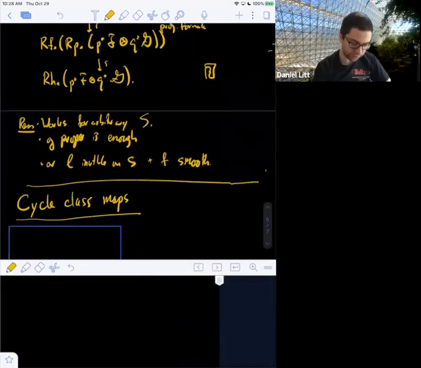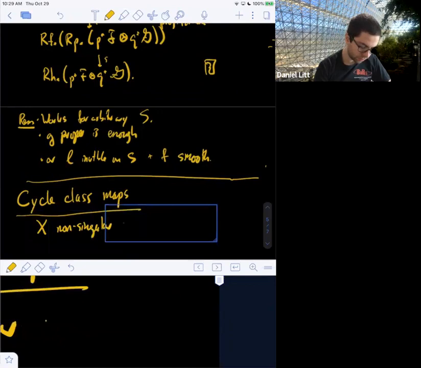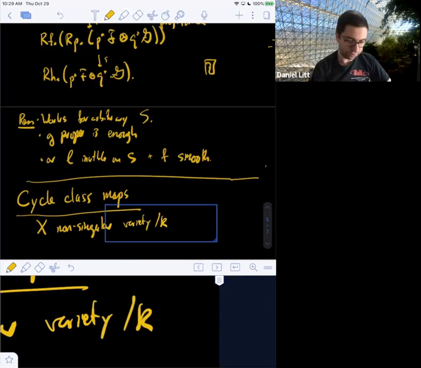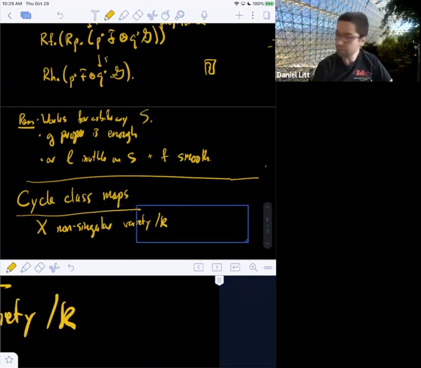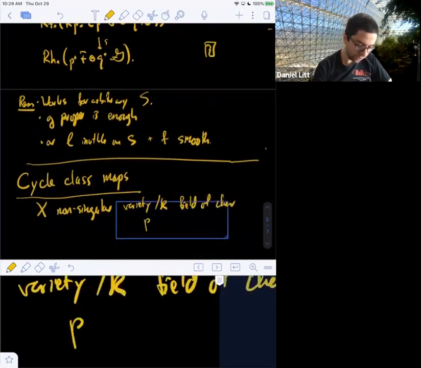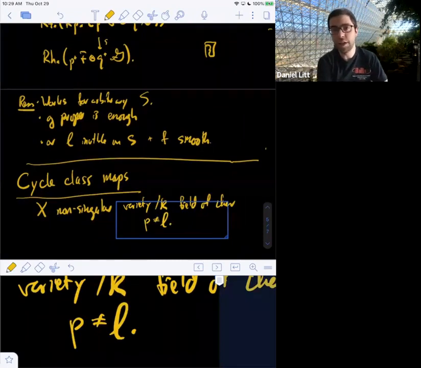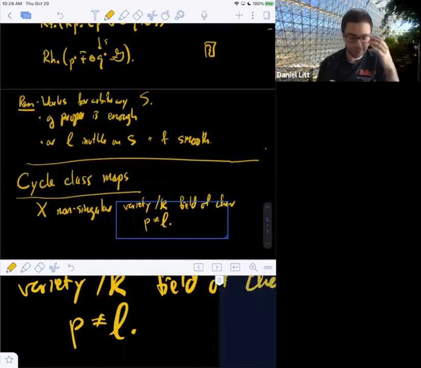I'm going to assume that X is a non-singular variety throughout, over K, which is a field of characteristic p not equal to l. So I want to define a cycle class map. This is supposed to be the l-adic analog of integration along a cycle.